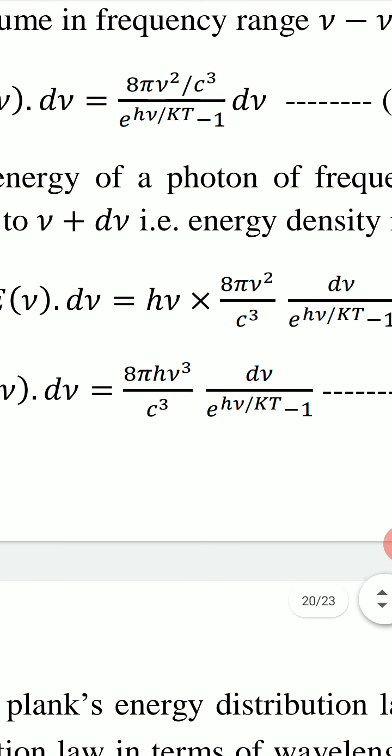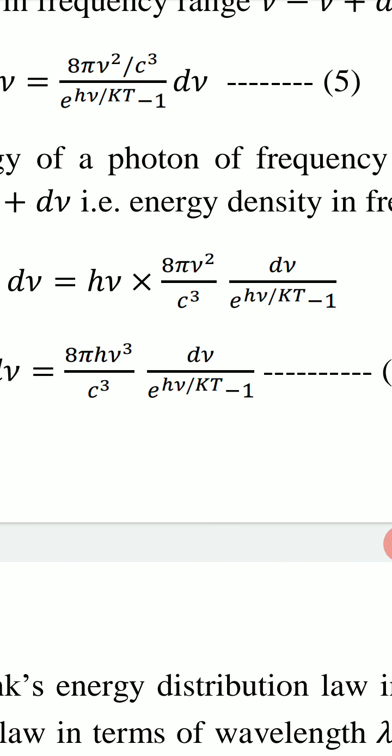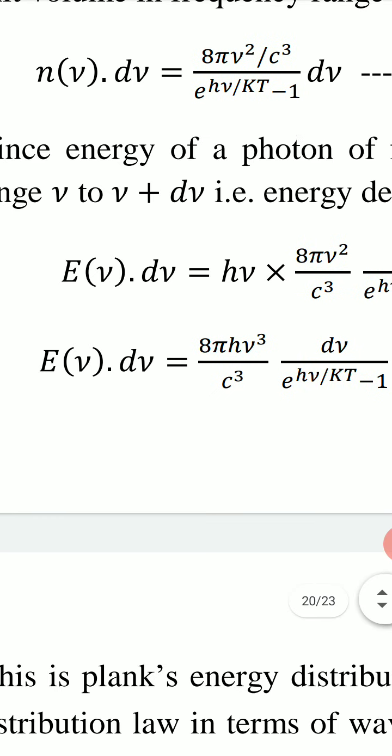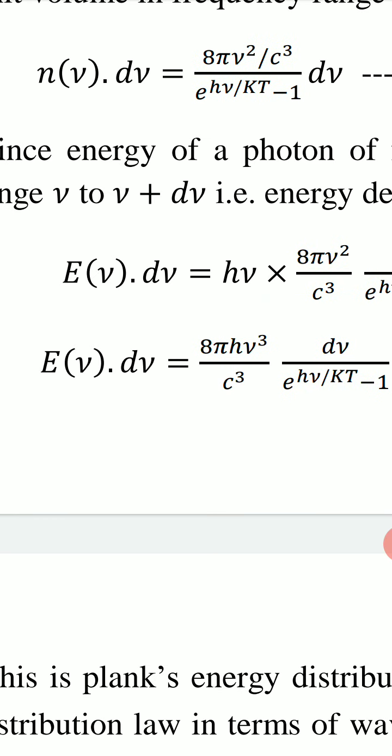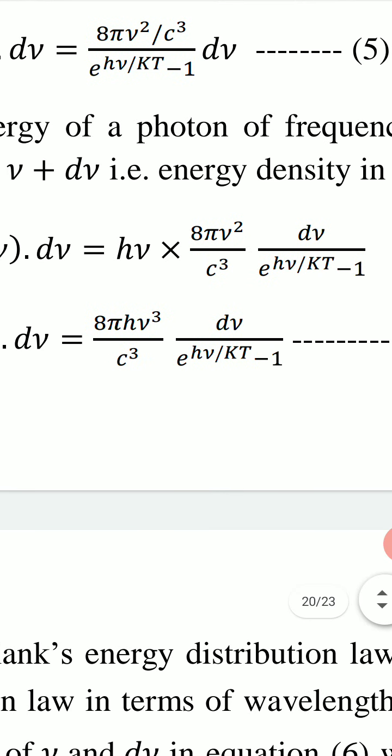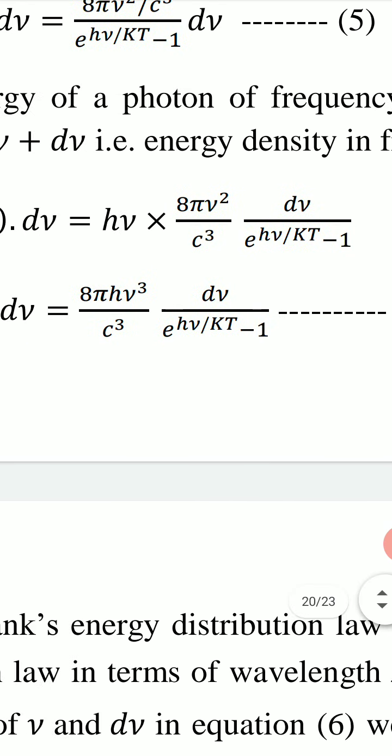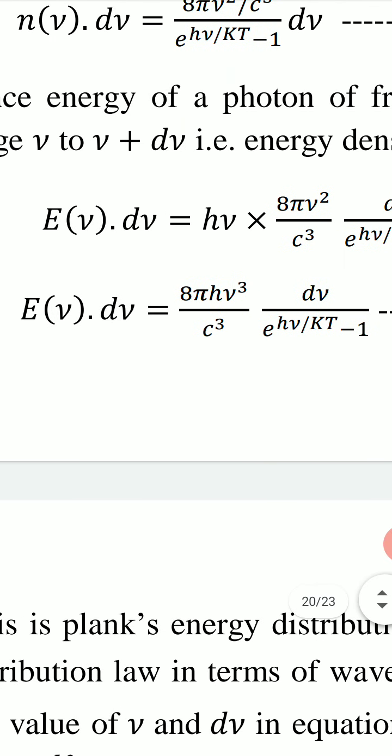So it is h nu times 8 pi nu square upon c cube d nu upon e to the power h nu upon kT minus 1, and this gives E nu d nu equal to 8 pi h nu cube upon c cube d nu upon e to the power h nu upon kT minus 1. This is equation 6. This is Planck's formula.